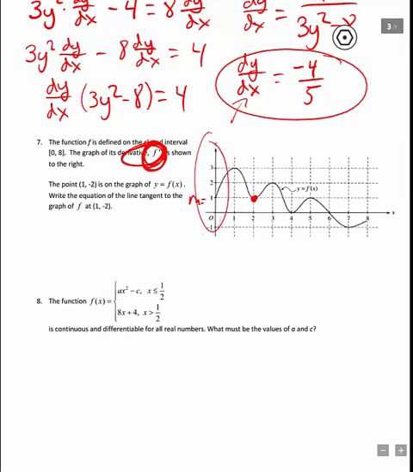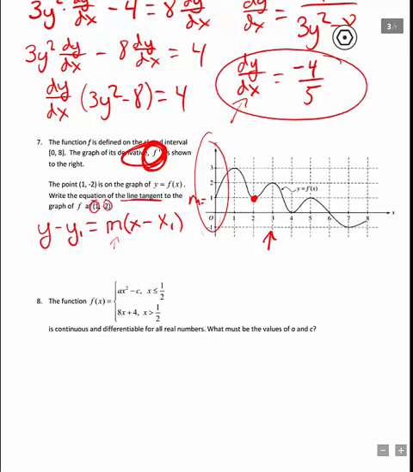So this y-axis is our slope. Okay, so this asks us to find a tangent line. So that's y minus y1 equals m times x minus x1. We have x1, we have y1, we need the slope. Well, this graph is telling me the slope.